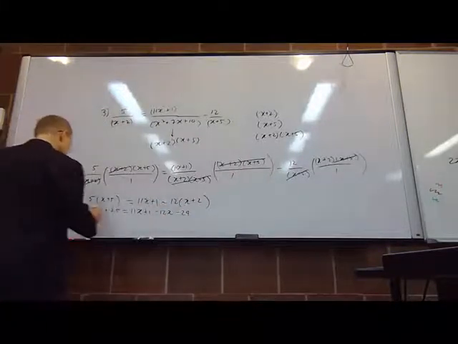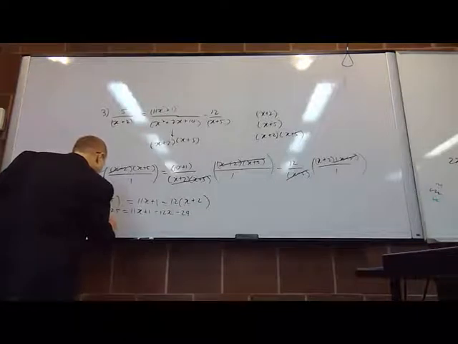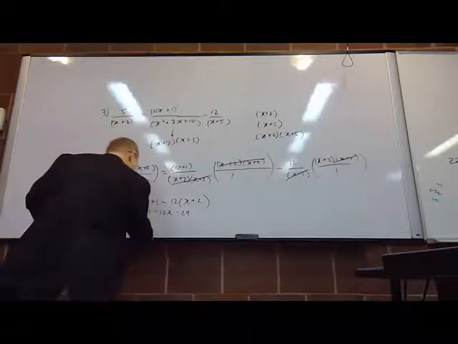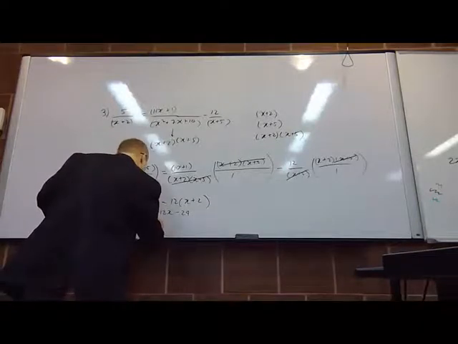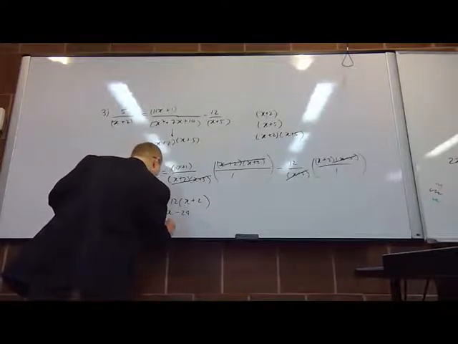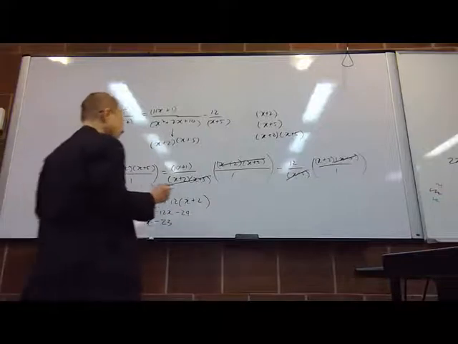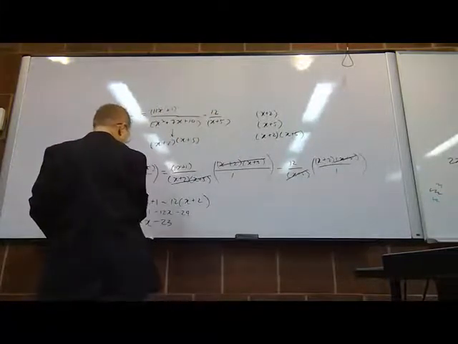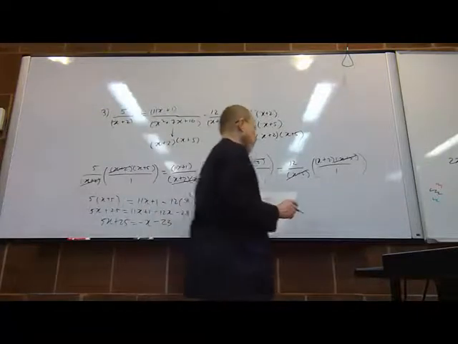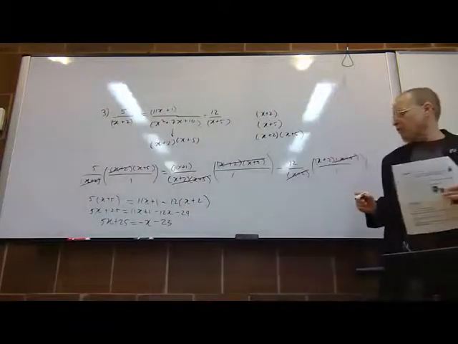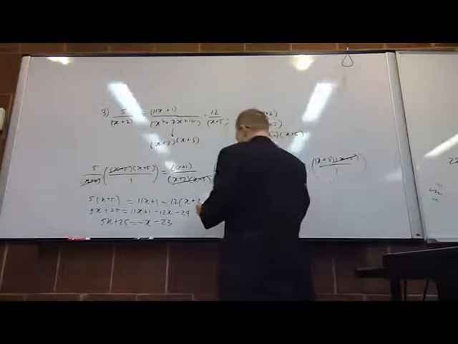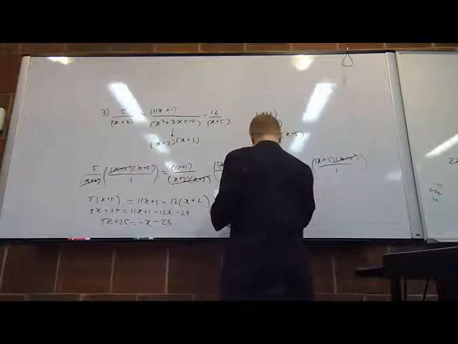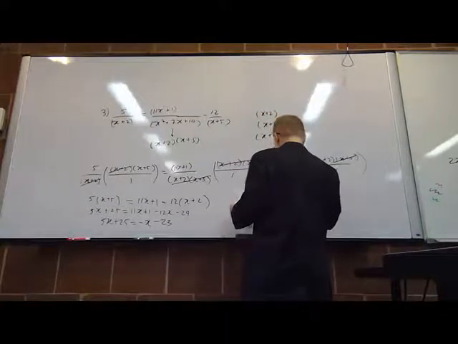So I end up with 5x plus 25 is equal to negative x minus 23. And then finally, I end up putting everything together. Remember, choose a side where you're going to put your variable, choose a side where you're going to put your constants, and then you find you get 6x is equal to negative 48, and this means that x is equal to negative 8.